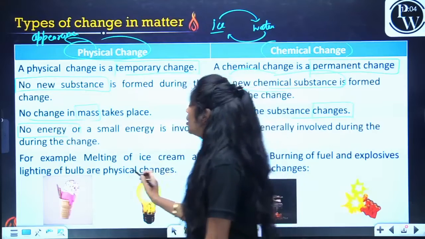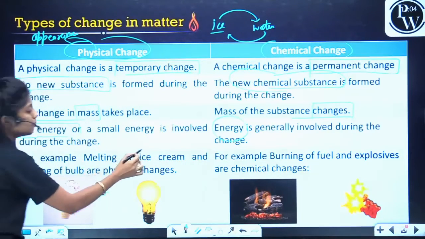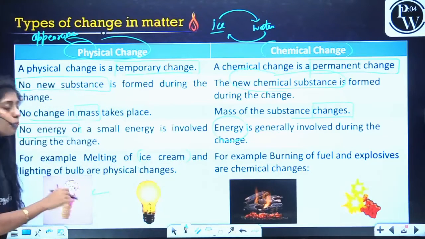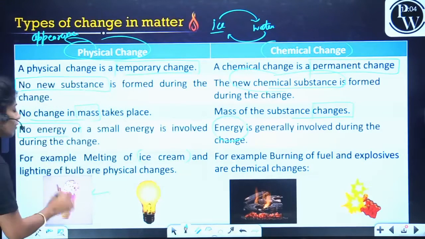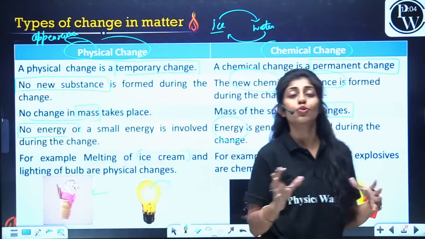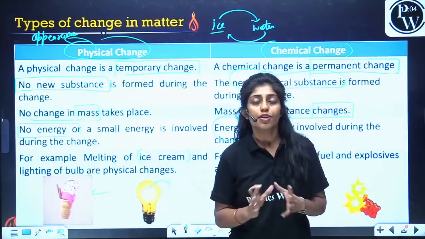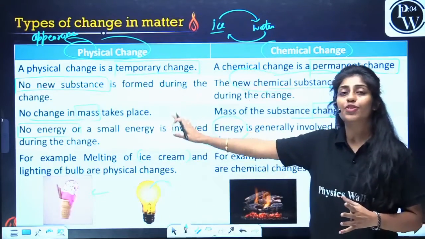Now you can see the examples. If this ice cream is melting, no new product is forming, so this is a physical change. This bulb is lighting up, so there is no chemical change. There is no production of a new product. So this comes under physical change.